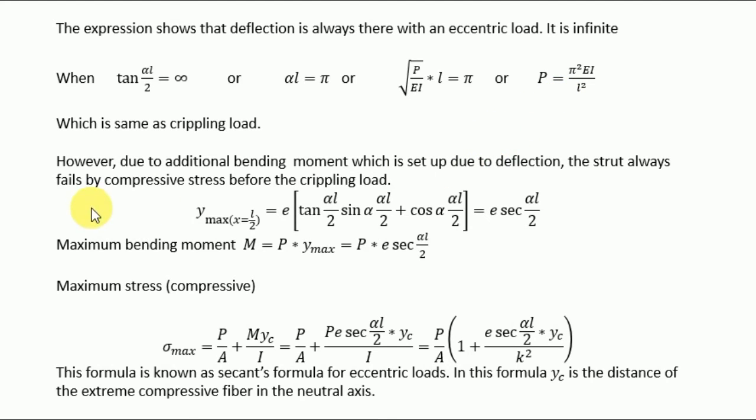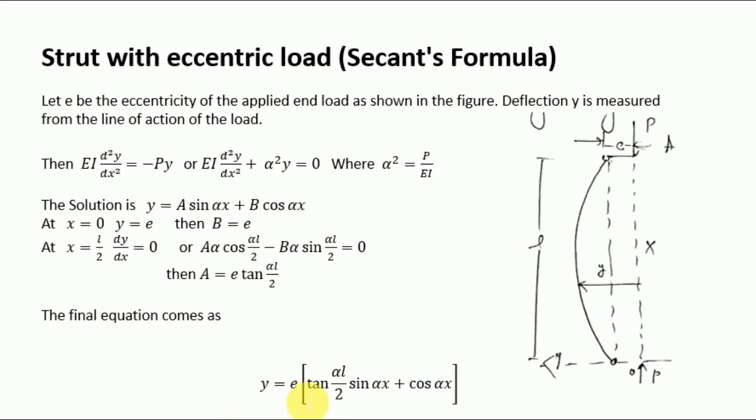So how do we find this compressive stress? We first need to find y max. The formula of y we already achieved here: y is equal to e tan alpha L upon 2 sin alpha x. Where is the maximum value of y to get the failure of this strut?